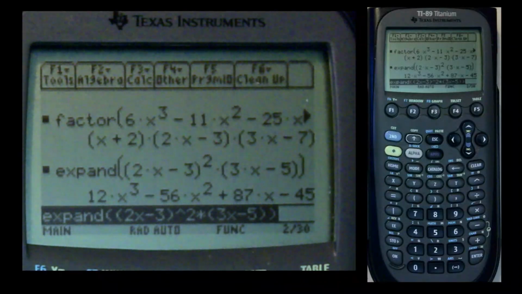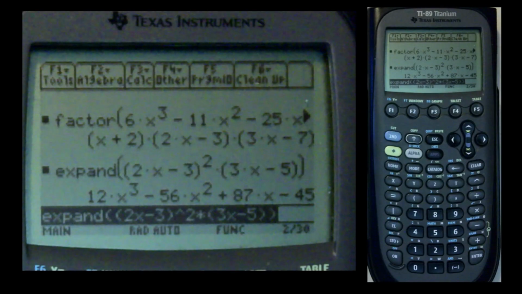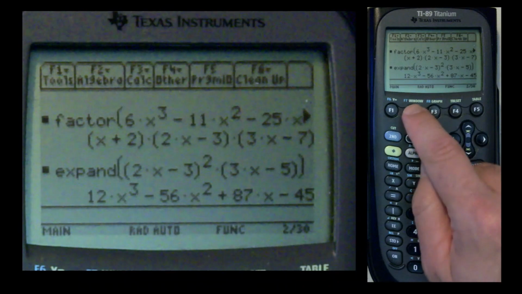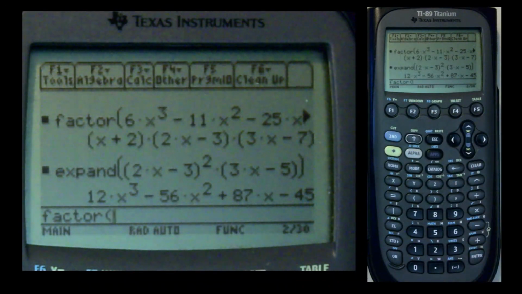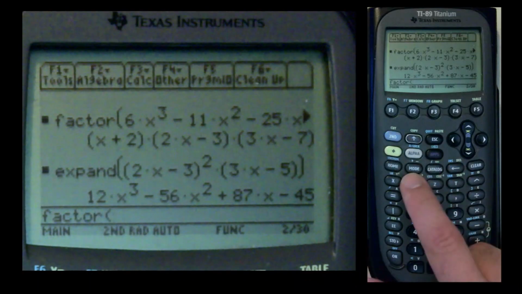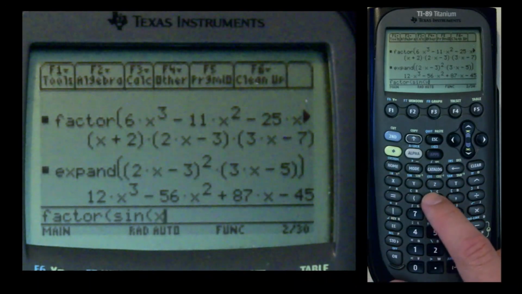So for example, take a look at this crazy expression. It's got some trig in there. We can actually factor that using this calculator. So we're going to go clear that out. We're going to hit F2, factor, and then type in sine of x squared.